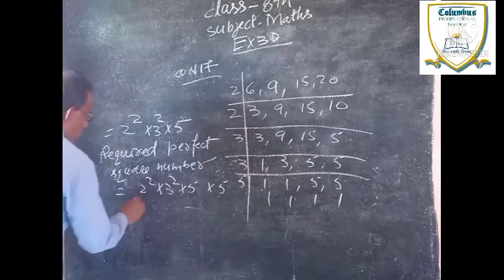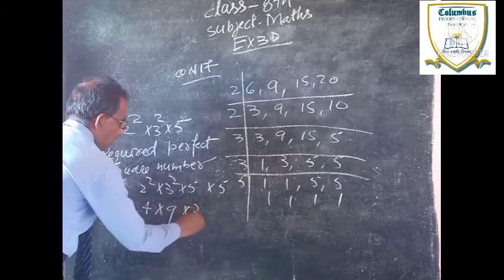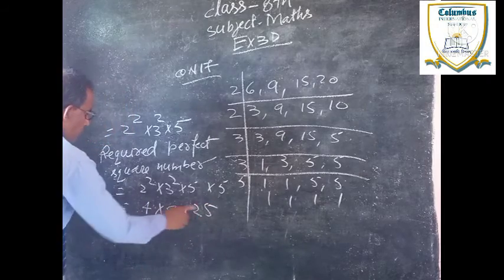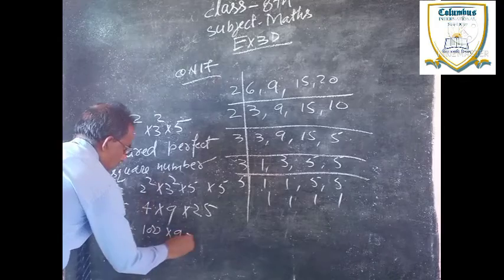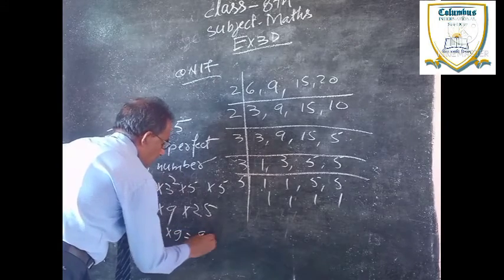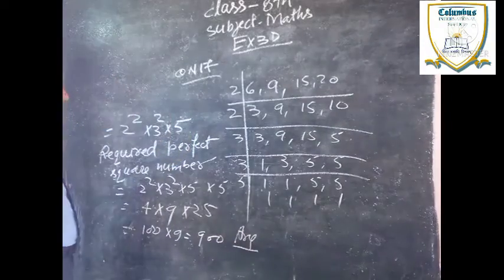That is 2 square 4, 3 square 9 and 5 square 25. 25 fours are 100 into 9, that is 900 will be the required number, and that is the perfect square number.